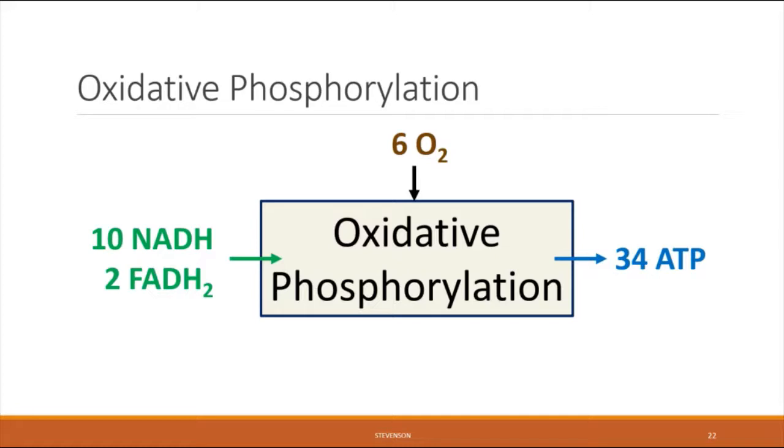This is the very reason why it is necessary for organisms like yourself to inhale oxygen, because it is used in oxidative phosphorylation to convert NADH and FADH2 into ATP molecules. That oxygen ends up getting converted into water in this process, and that water goes on to just become part of the normal water that is found in all cells in your body.